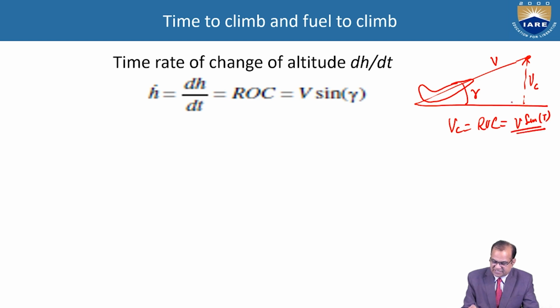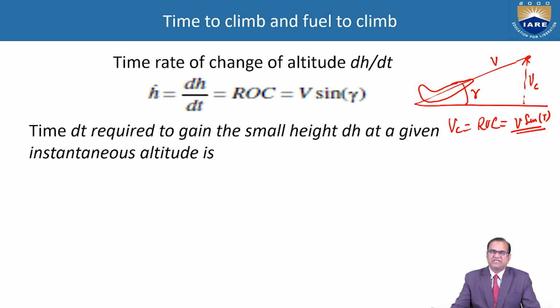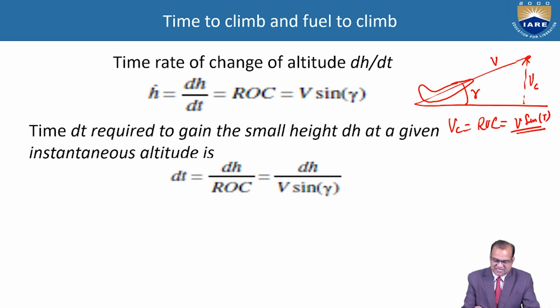So the rate of climb is equal to V sine gamma. The time dt required to gain a small height dh at a given instantaneous altitude: dt is equal to dh divided by the rate of climb, which is dh divided by V sine gamma.